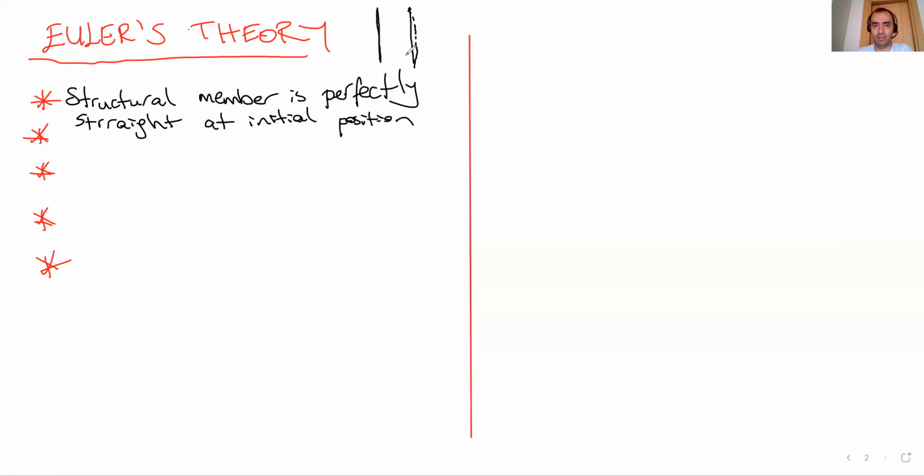It's really small amount of imperfection, but what we assume is that our member is perfectly straight. There is no imperfection. The second one is the material is, by the way, let me clear this part. Here we go.